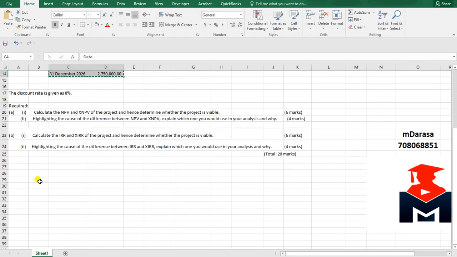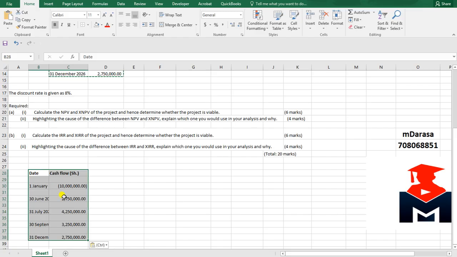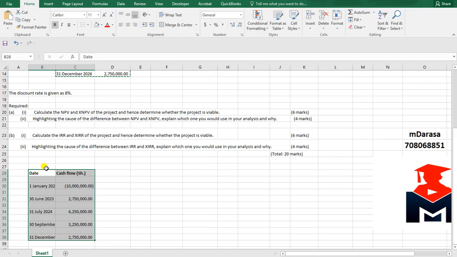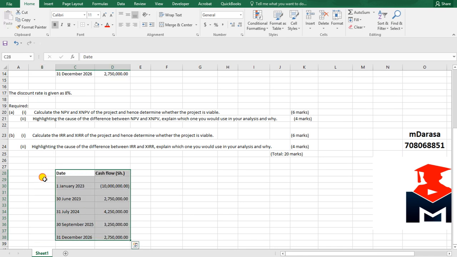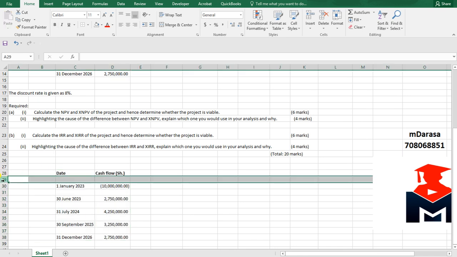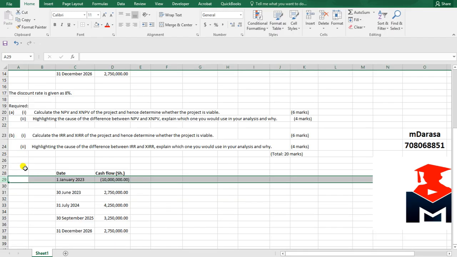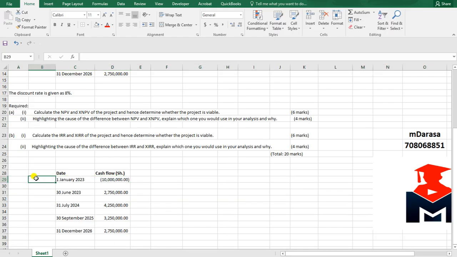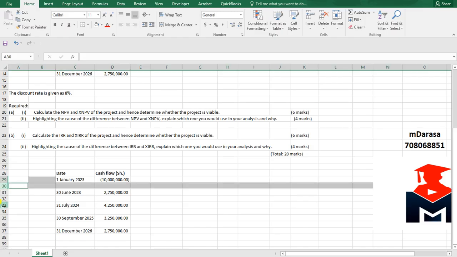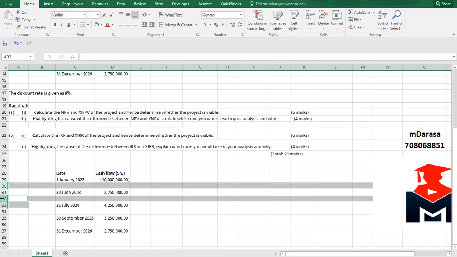I'm going to have it here. So basically the time, meaning that in this case what we are going to add is our dates. I'm going to have this in dates.